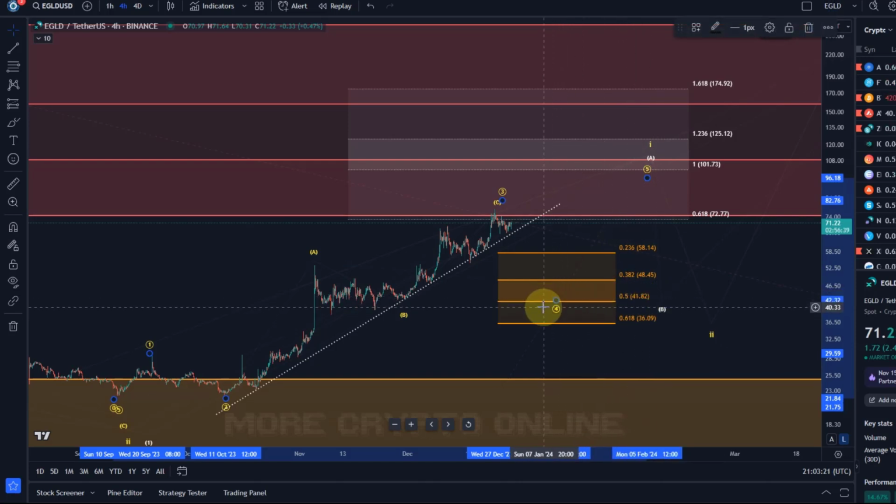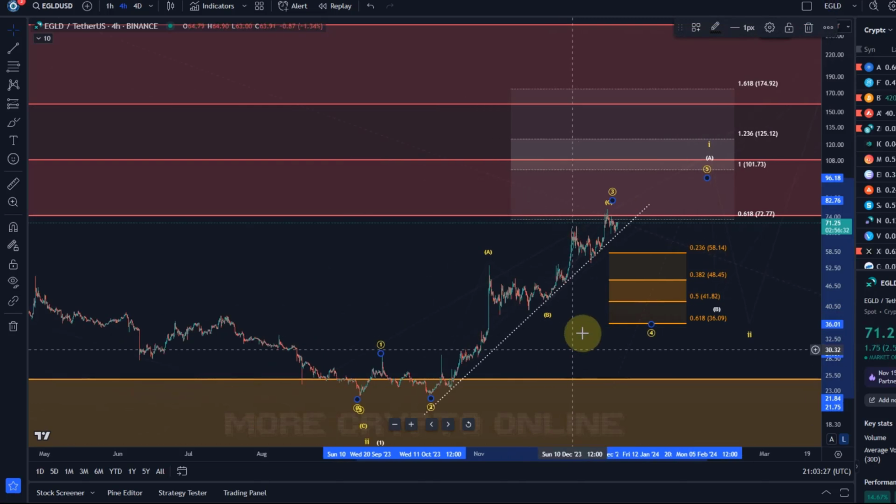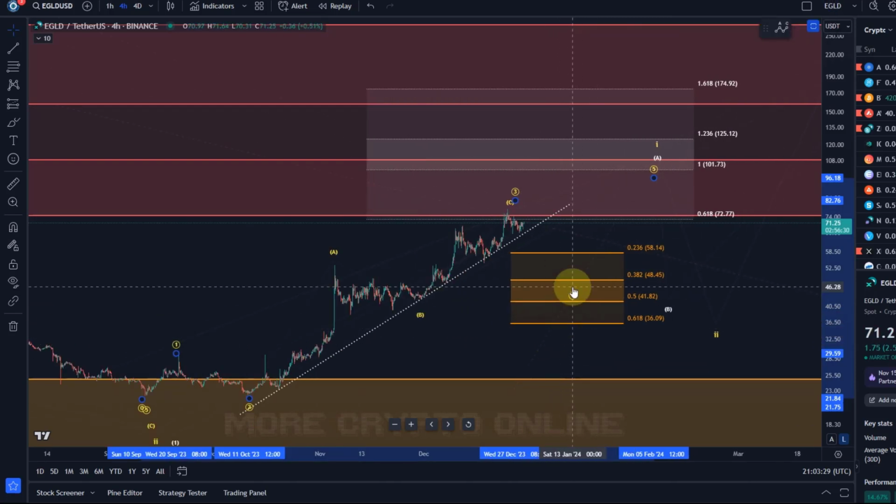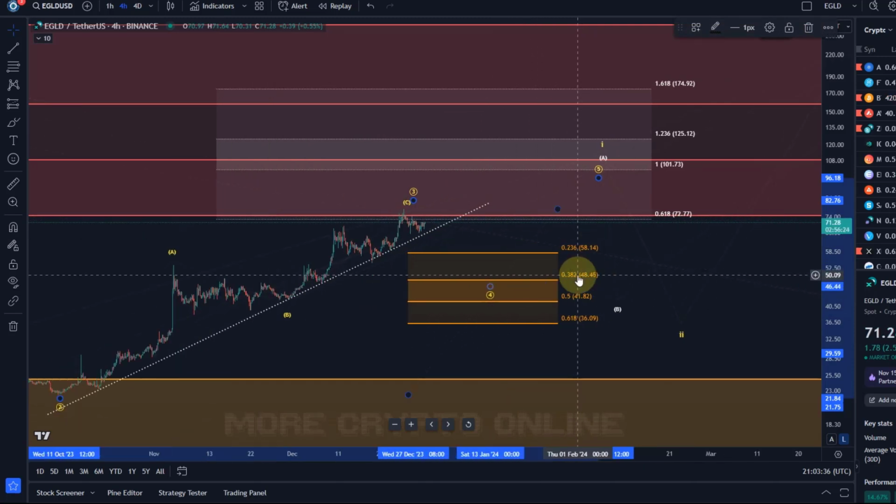So that's sort of my key support. Below that, I would still probably leave it labeled as wave 4, but it would go lower than ideal. So I'm basically watching here for a potential pullback to start. I will not confirm that a pullback is starting, however, until the price breaks below this ascending trend line.